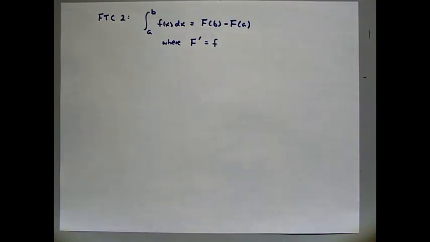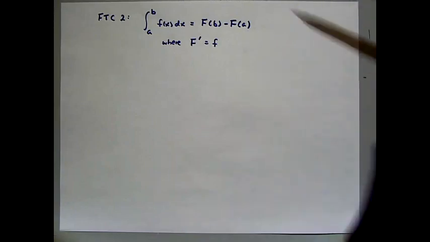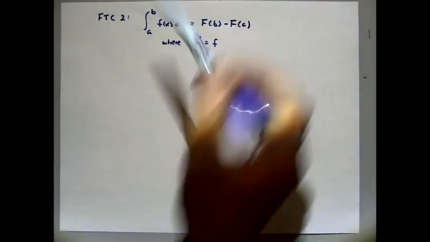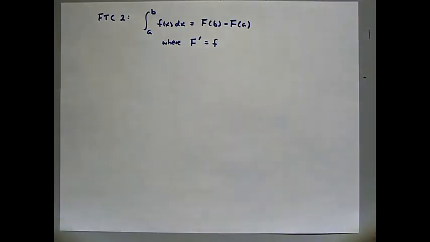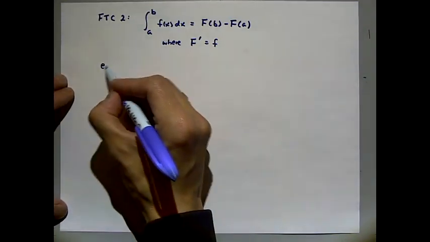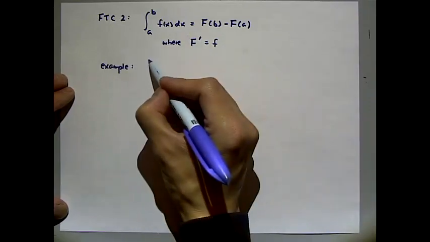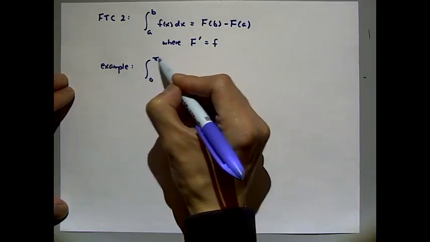As long as you could find capital F, you simply find out what the difference is between that function at the right endpoint and the left endpoint of the accumulation of the area. I think last time we did one example like this one.